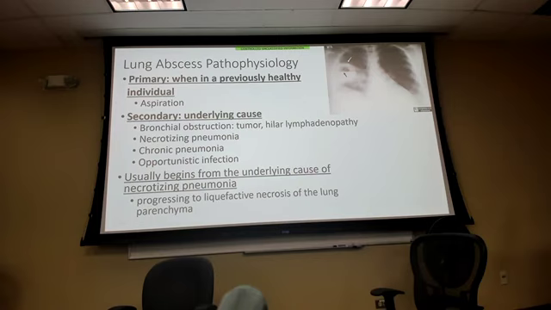We can't necessarily just do aspiration. At that point, we might have to go in either with a VATS or an open thoracotomy to most likely wedge that part of the lung out. We're not just going to remove the abscess. We're going to remove that entire part of that lung to contain it.